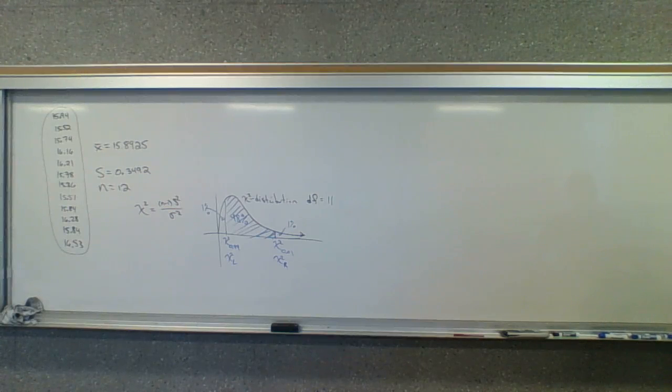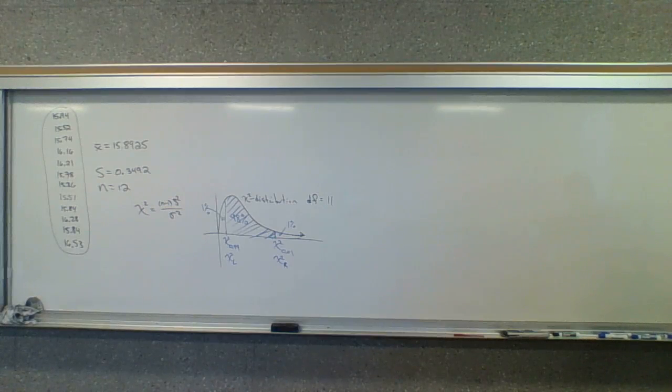There it is. Okay, so chi-squared says area to the right, so be careful with the various tables you get. Sometimes they switch it up on you, but this one's area to the right, and then you just have to look up which area you want to the right. So we want 1%, for example, and we want 99%. And then you go down and identify where the degrees of freedom is.